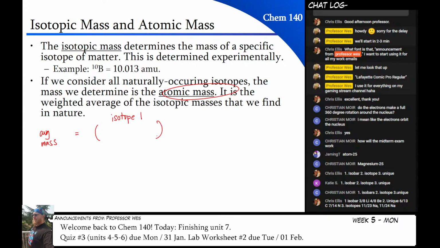So for whatever isotope 1 is, we're going to look at what percentage of it exists, so the percent of isotope 1, times the mass of isotope 1. And then we're going to do that for isotope 2. And then we're going to do that over and over until we've got all the isotopes.